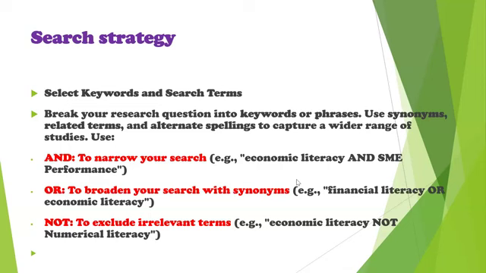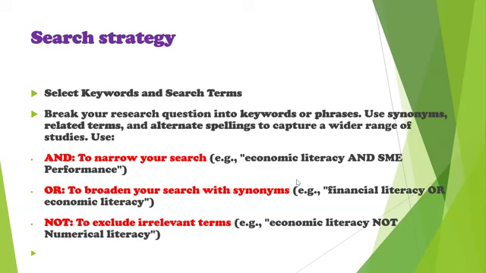In searching databases for some of these papers, sometimes when you search with a particular keyword from the title of your topic, you may not be able to get all the materials you want. So sometimes you have to be smart in searching those words. Let's assume the topic of your discourse is economic literacy.